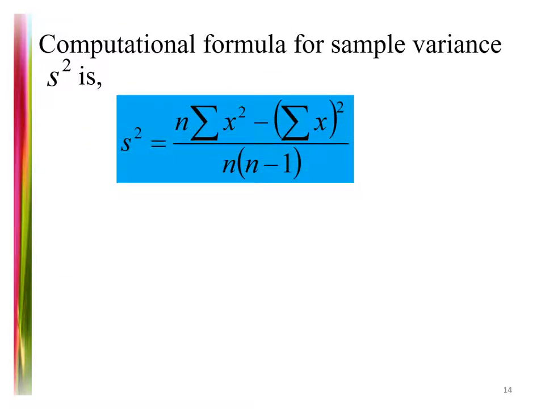And we can also simplify that formula into another version. Our initial formula is summation of x minus x bar, all squared, divided by n minus 1.